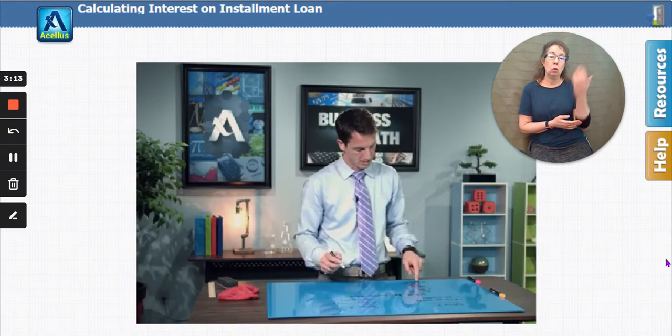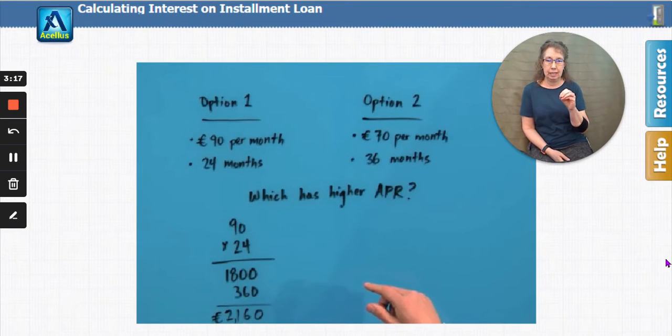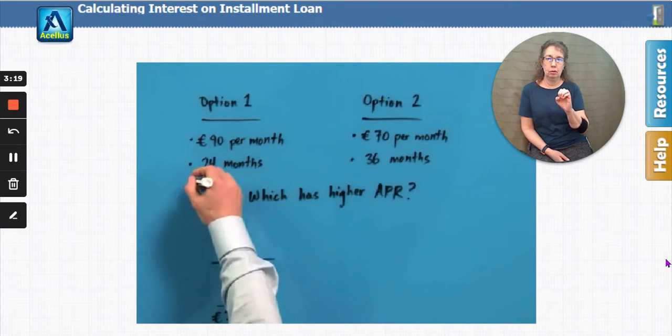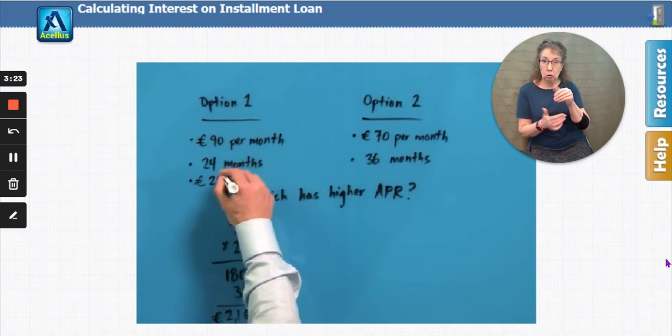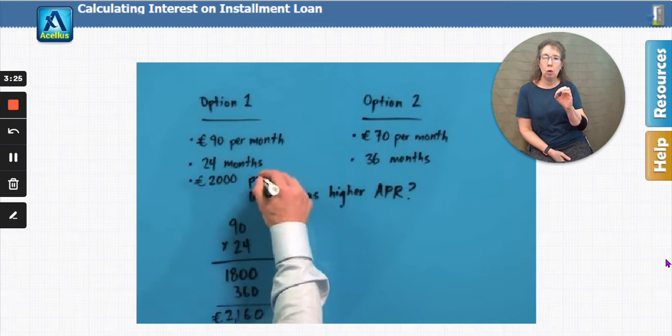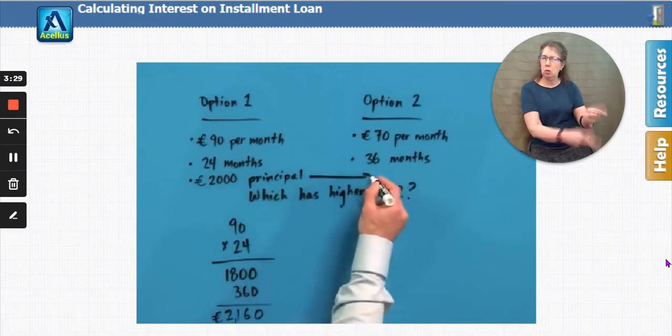All right, 2,160. So we borrowed 2,000 initially. So there was a 2,000 euro principal. And that's the same for both options.